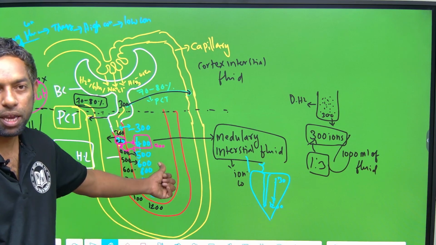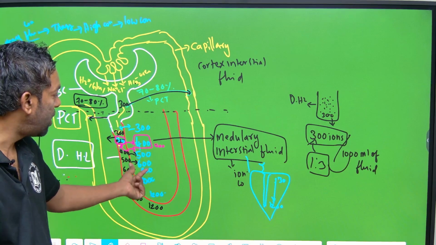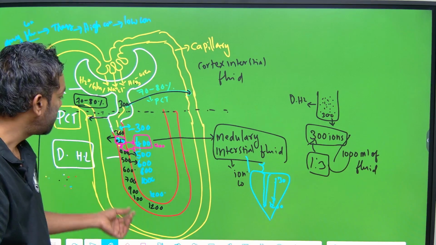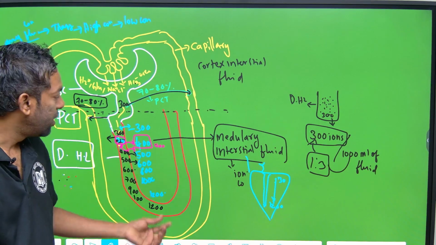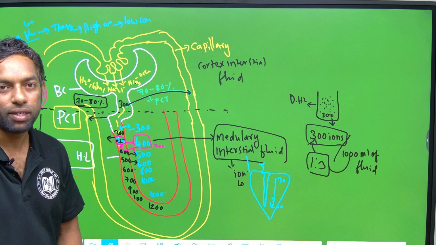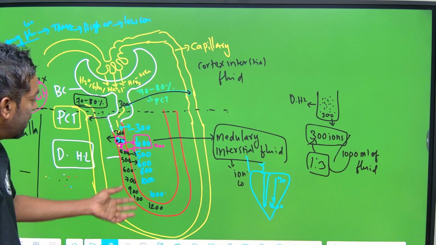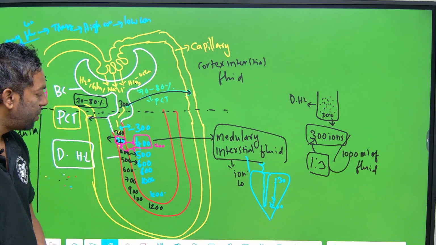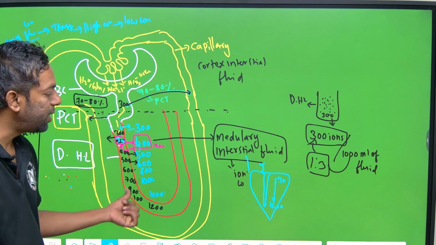Water is permeable, so water moves by osmosis from the descending Henle limb towards the medullary interstitial fluid. Yes, that is how equilibrium is going to take place in the descending Henle limb.